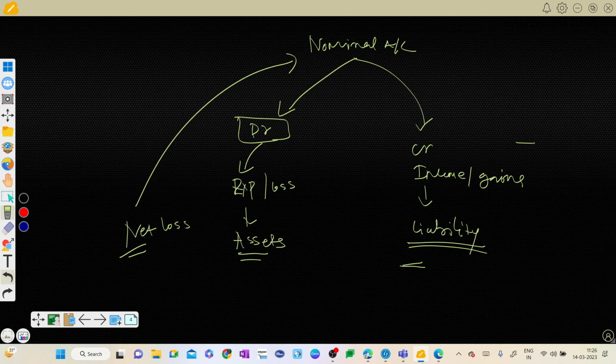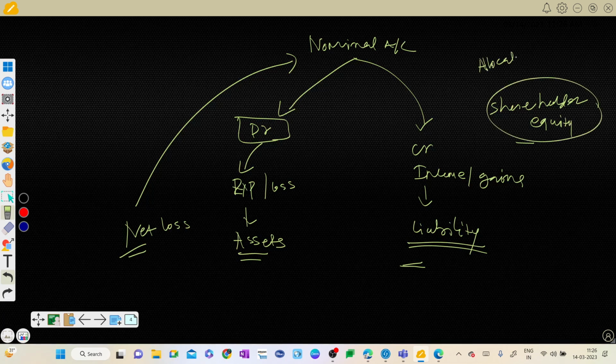It is just the allocation of net loss and income. So when you add to or subtract from the shareholders equity, that would be part of the allocation.